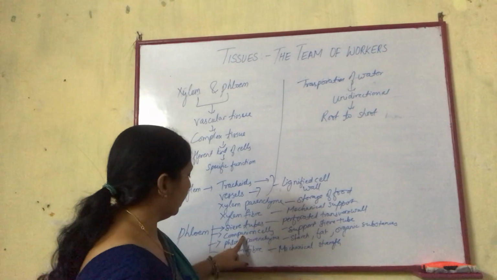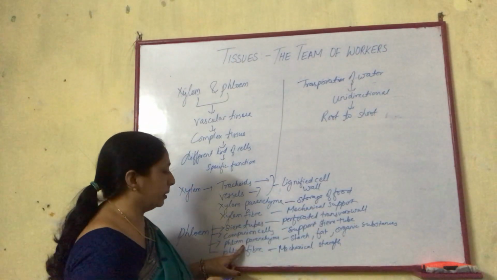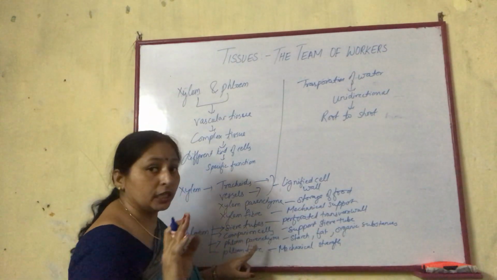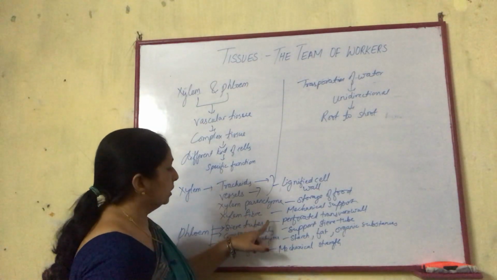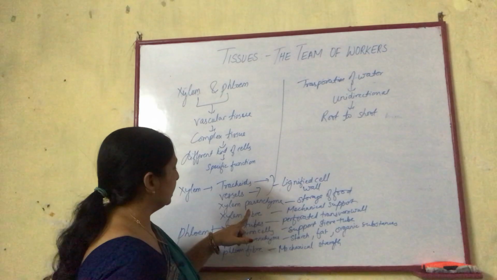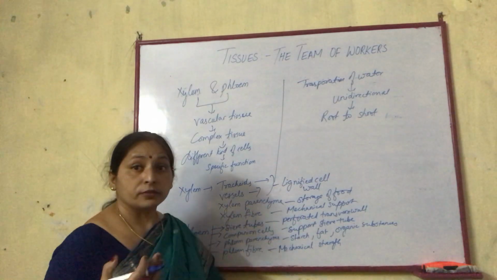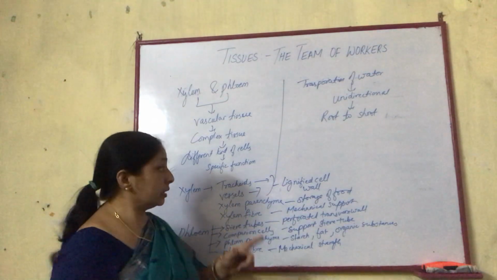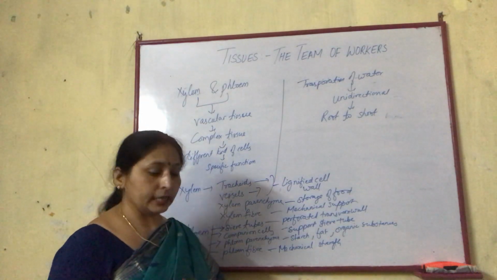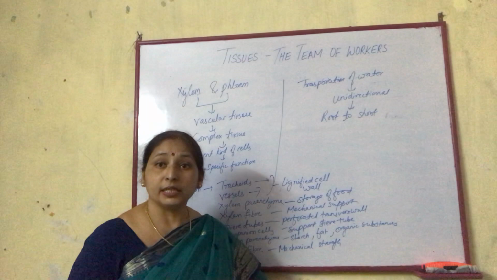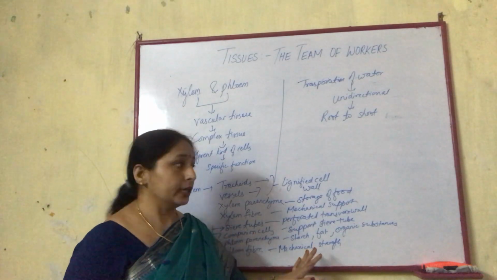Companion cells and phloem parenchyma are living cells. Phloem fiber is a dead cell; the sieve tube is also a dead cell. Fibers are made up of sclerenchymatous cells, which we discussed earlier, and these dead cells are for mechanical strength.